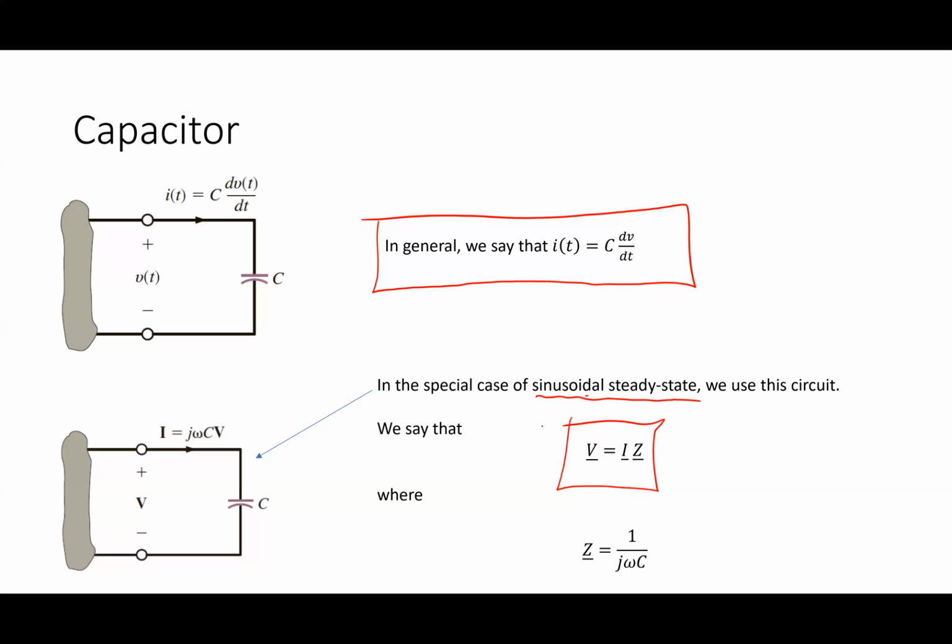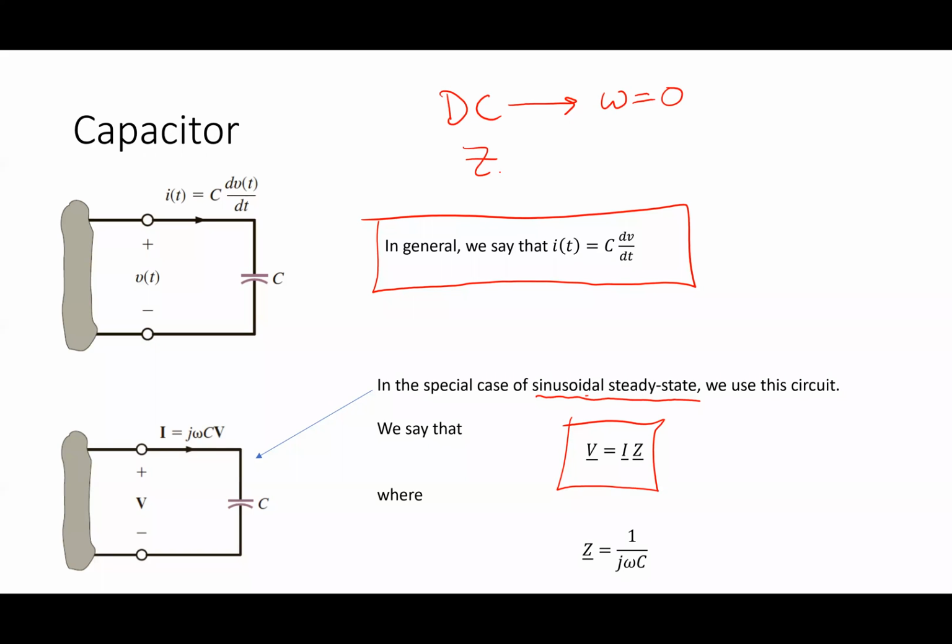Constant, which is DC. What's the frequency of a DC waveform? 0. It doesn't change ever. So the frequency at DC, omega, is equal to 0.